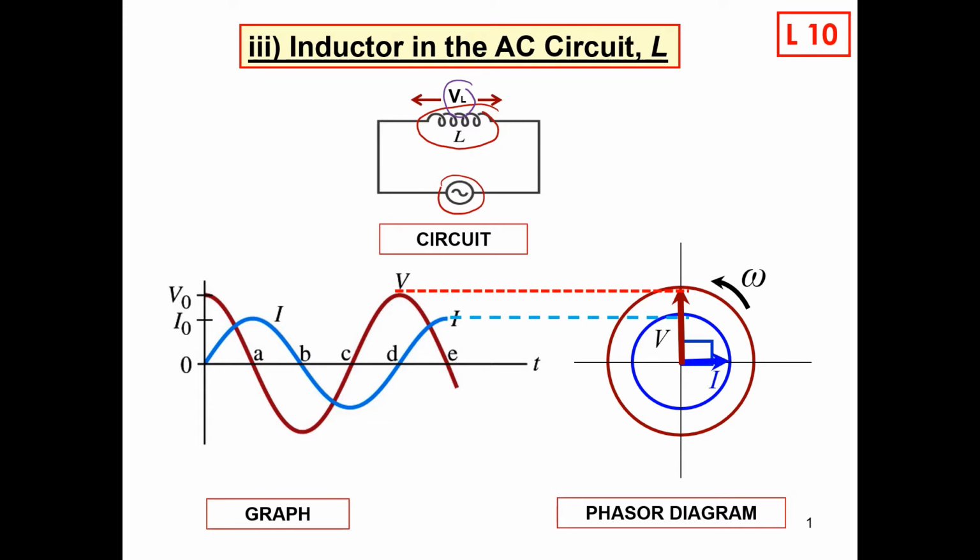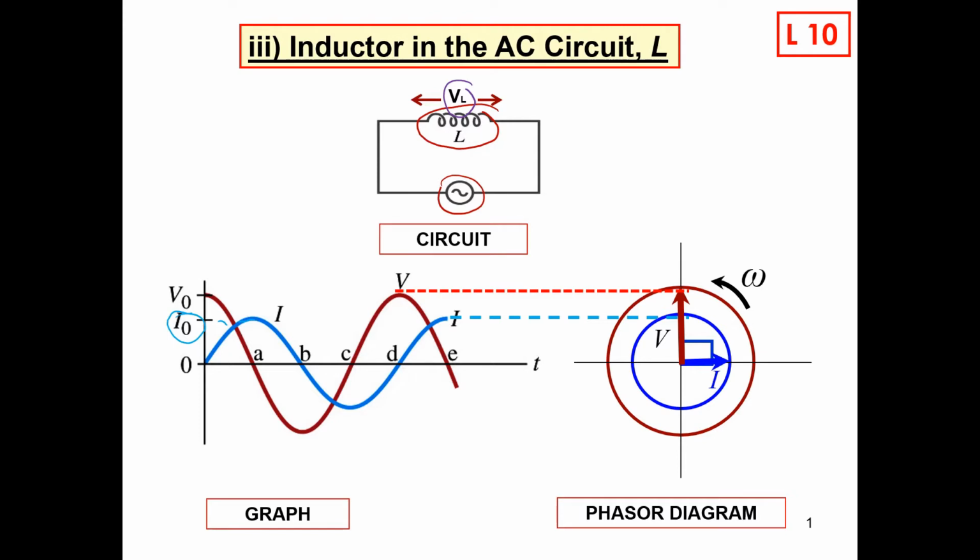Okay, so this is the sinusoidal graph for the current and voltage through the inductor in a pure inductor circuit. As you can see here, the blue graph represents the AC current in the circuit, and I0 is the maximum current.